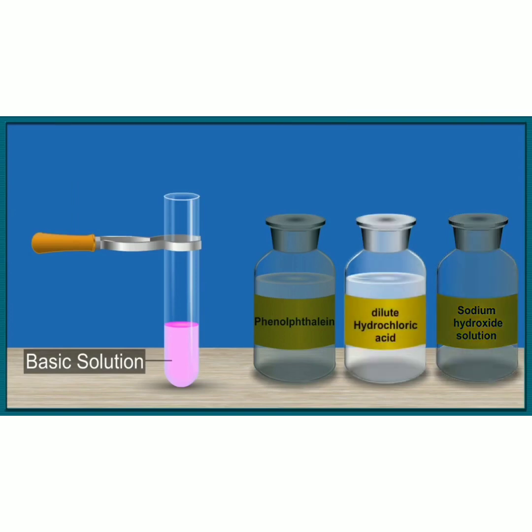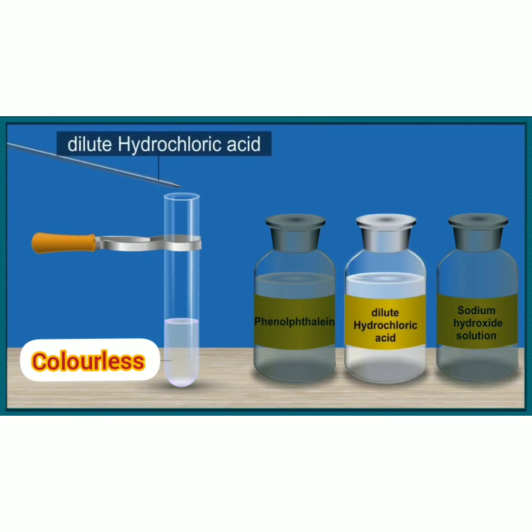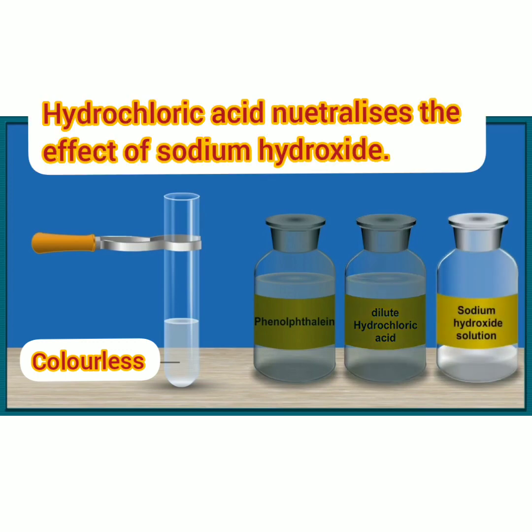Next, fill the dropper with dilute hydrochloric acid and add the acid to the test tube drop by drop. You will notice that at some stage the solution suddenly becomes colorless, and this is because at this stage hydrochloric acid has completely neutralized the effect of sodium hydroxide, which is a base.